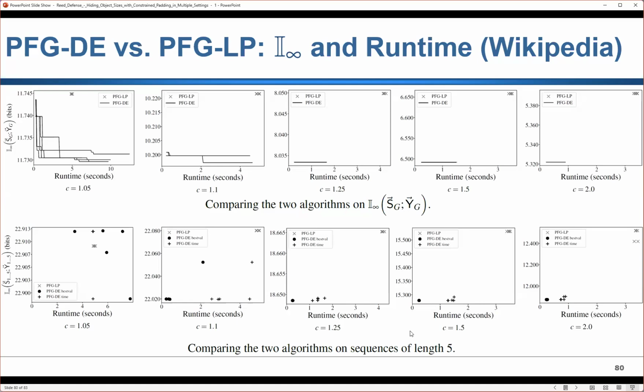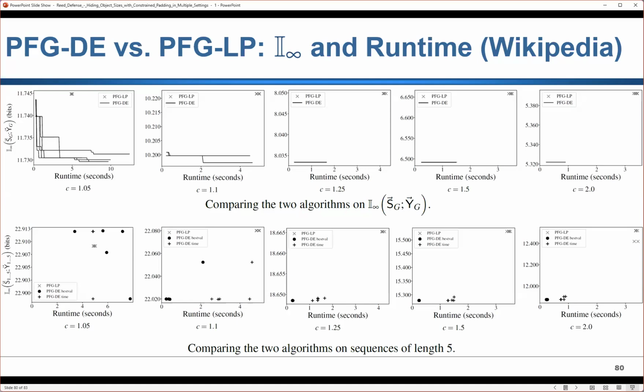Even though we do have dimensionality reduction also in differential evolution, it's not as constrained, because the anchors themselves could pad to any one of their available sizes. So there are more options for padded sizes with differential evolution.